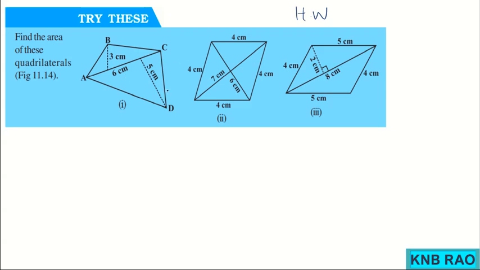So, watch carefully, draw the figures and think. Here is the right angle anyway; 4, 4, 4, and here is the right angle, here is the right angle; 4, 5, 5, 4 and 2, and the length of this diagonal is 8 centimeter.